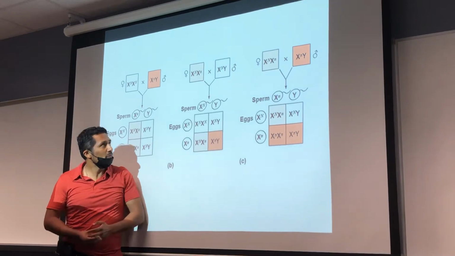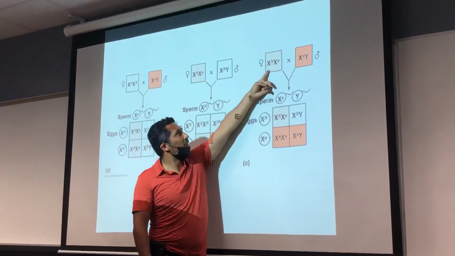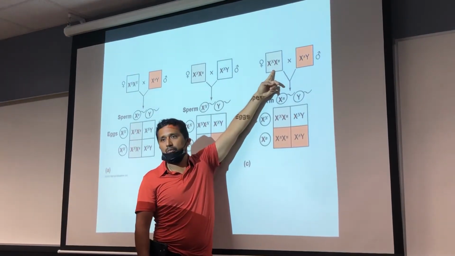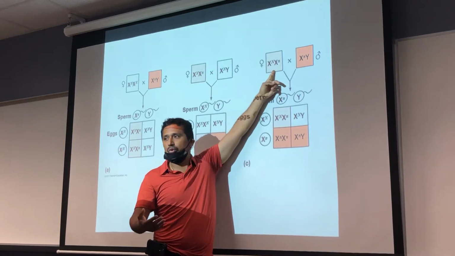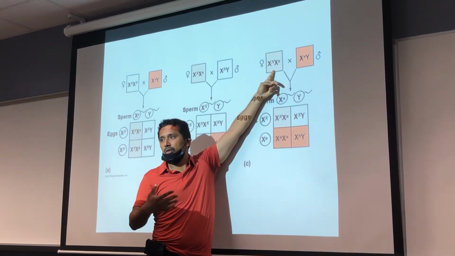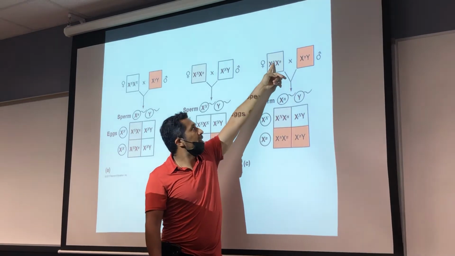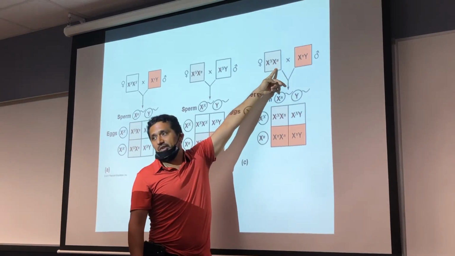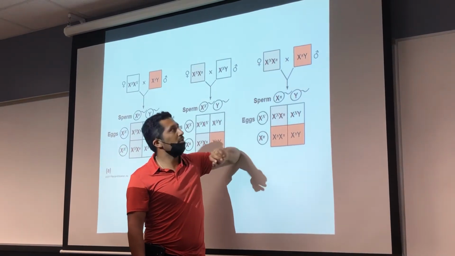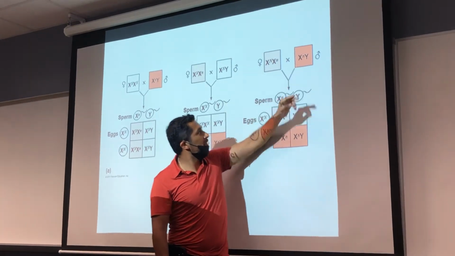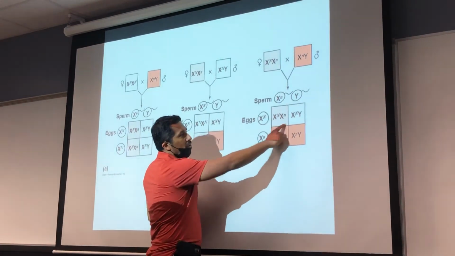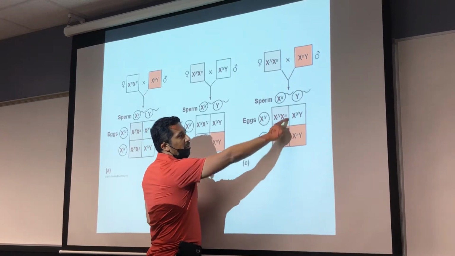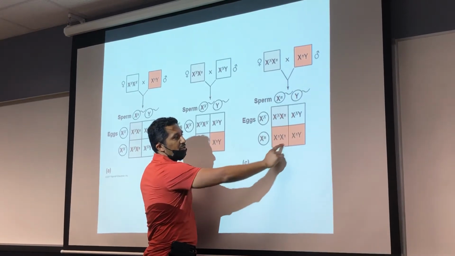Okay. On this one, if you have a heterozygous mom, right, she's carrying the normal, wild type, dominant allele, right there, one of them, and the other one is the recessive allele, heterozygous. And if the dad is affected, then here you have the daughters being 50% heterozygous and 50% affected.